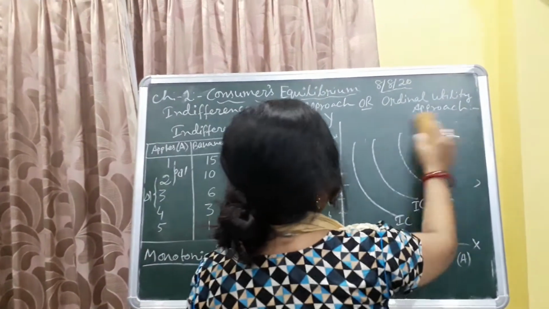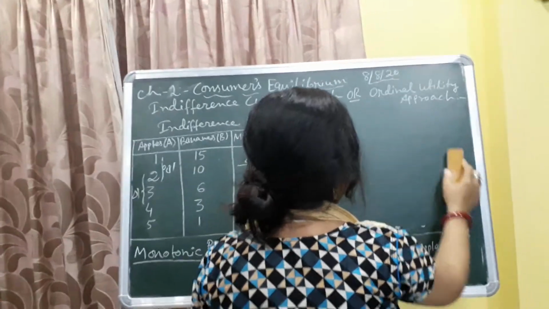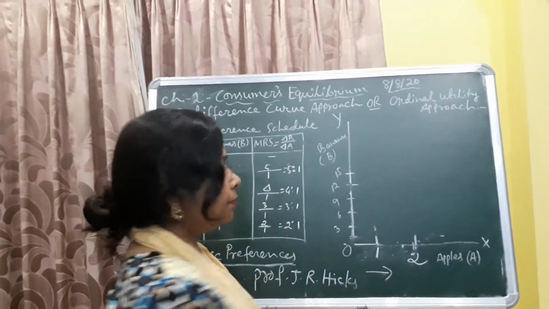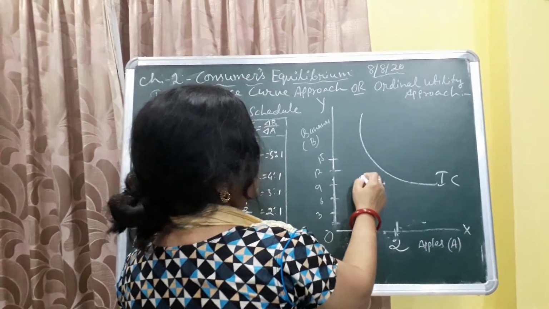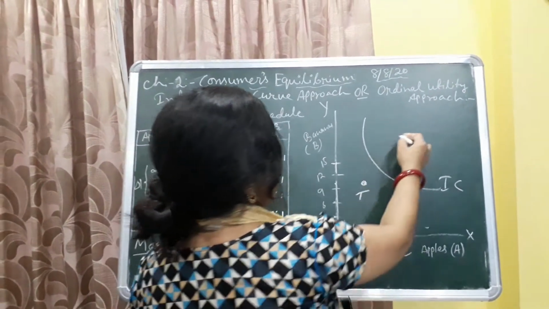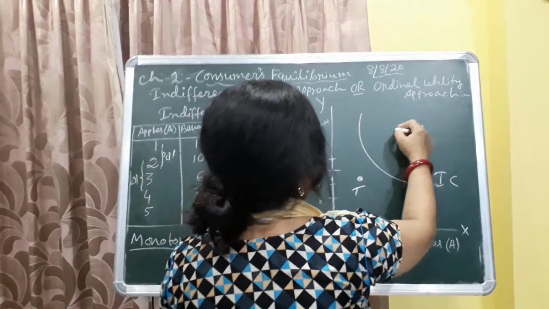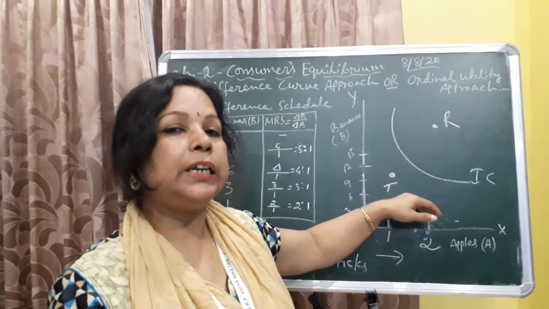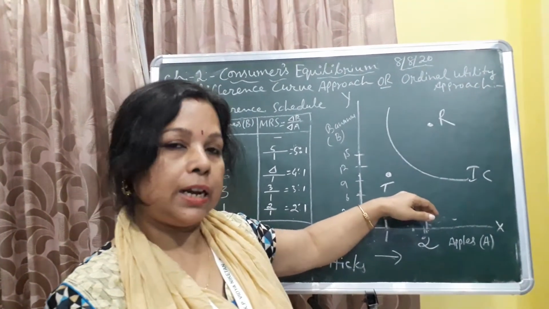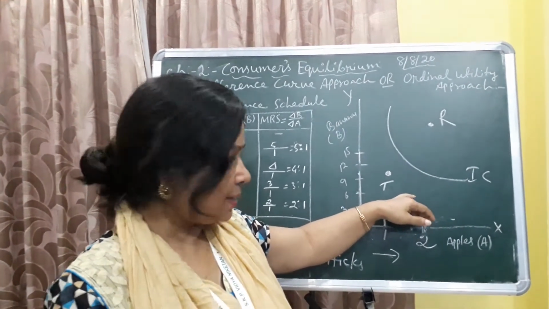Now next, I draw an IC curve here. The point inside is T, the point outside is R. Which point will give the high level of satisfaction? Just now I told.